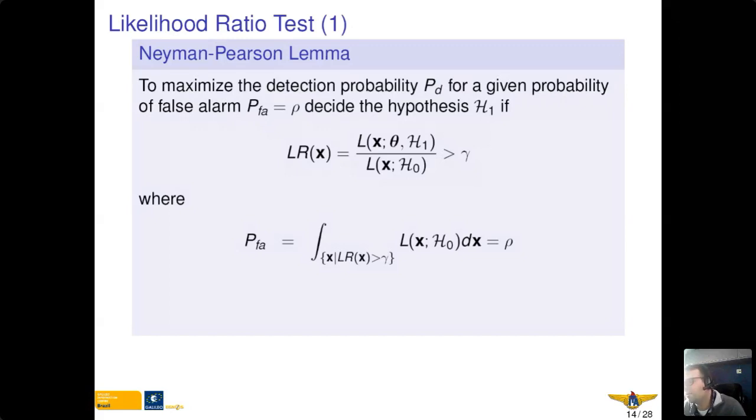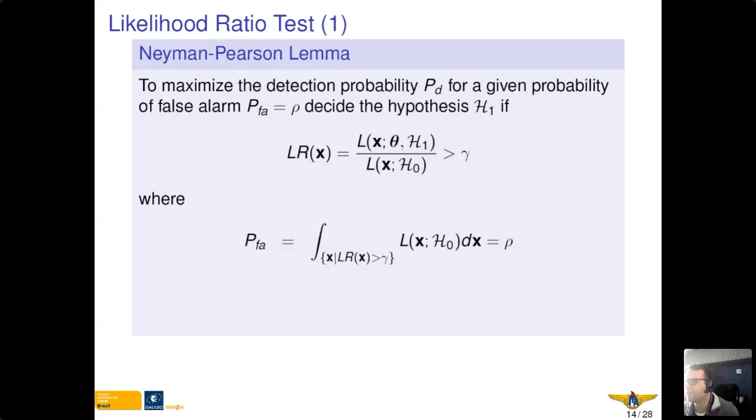There's also the probability of misdetection, where the satellite is present and we do not detect it. The probability of false alarm is defined as integrating over all x with the property that the likelihood ratio is above the threshold, while hypothesis H0 is true, which means we are detecting a satellite and there is only noise.